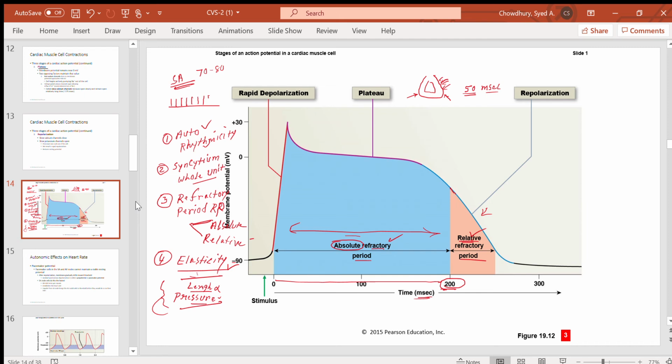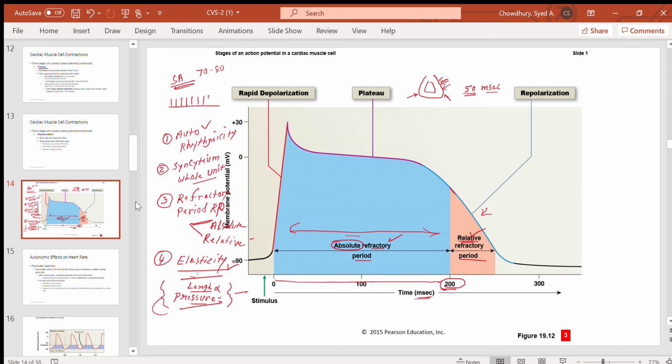Same thing here. If you continuously put too much pressure on the heart muscle, then eventually it may lose its elasticity, and this law will not be followed anymore. So that's why it is said that within the limit, if you put pressure, the length will increase, and also when you remove the pressure, it will recoil.